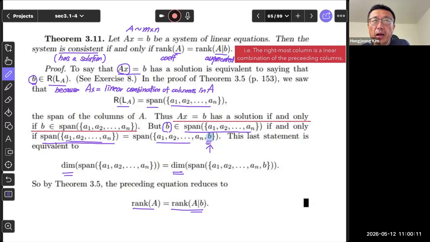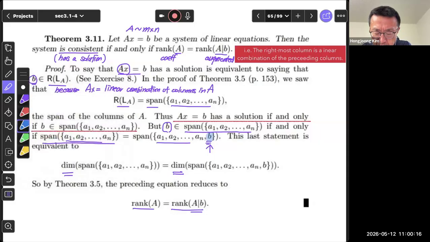The system AX equals B is consistent, or in other words, it has a solution, if and only if the rank of A, the coefficient matrix, and the rank of the augmented matrix are the same, so that B is included in the span of the columns in A matrix. So the highlighted statements are all equivalent, right?